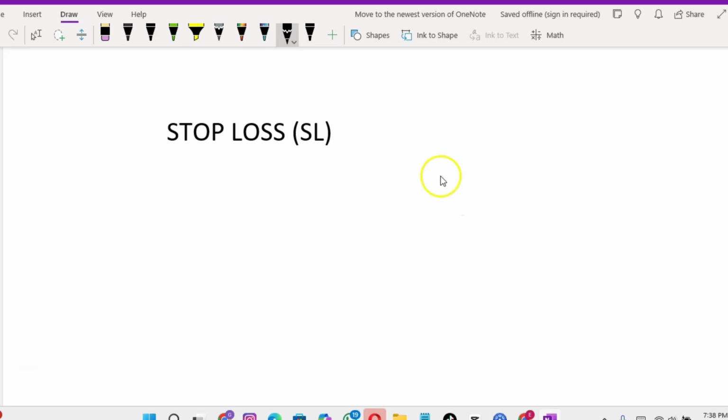So if I'm placing a trade and I've decided to risk $5 on that trade to make about, let's say, $10, I can set my stop loss in a way that if the market should go against my anticipated direction, I will lose only $5 instead of losing my entire account.